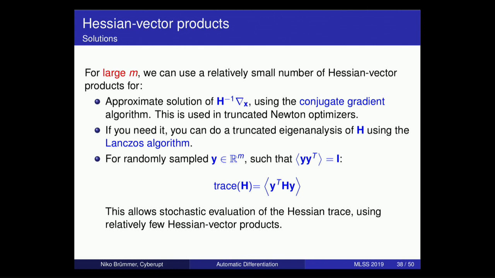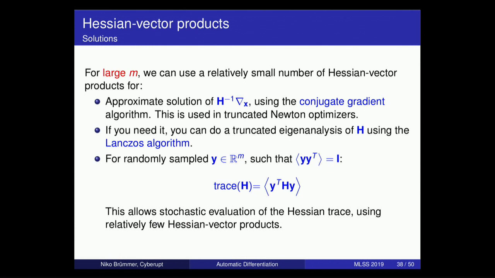When I was playing with restricted Boltzmann machines, there's this contrastive divergence method to optimize the parameters, but you're never really sure where you are, how far you have optimized.